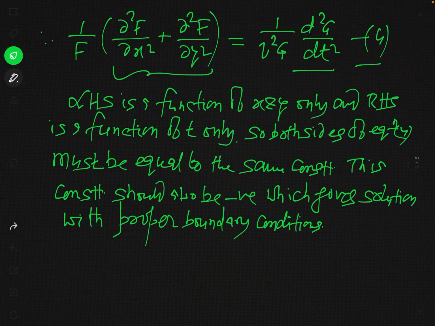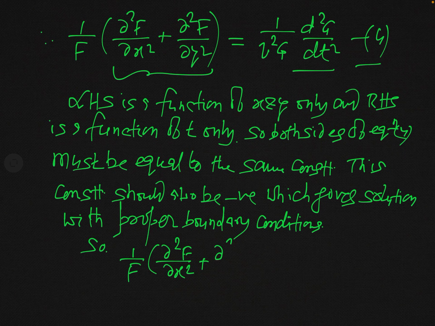So let us consider that the LHS 1 over f del 2f by del x square plus del 2f by del y square is equal to minus p square.